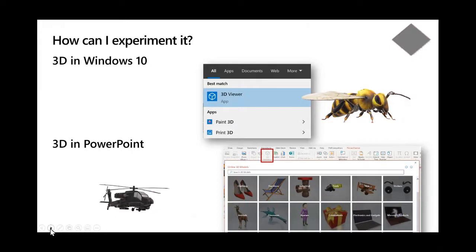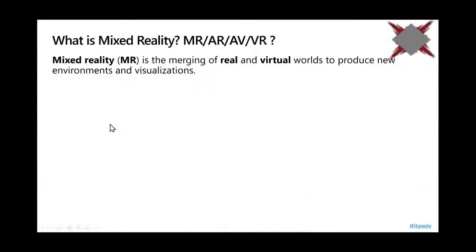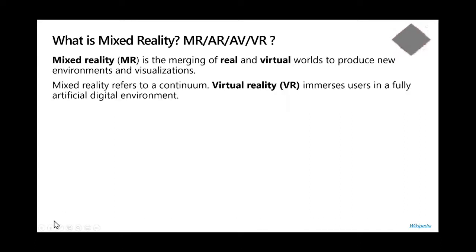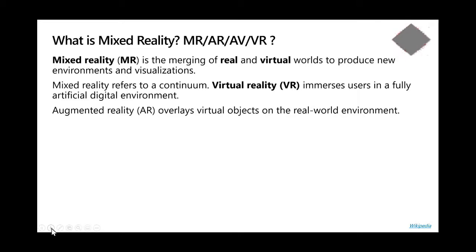Last important thing you should know is what mixed reality is. Mixed reality is a merge between real and virtual, and this is what we have seen mostly. Virtual reality means you are totally immersed in the virtuality, and augmented reality means that you add some virtuality to a real space.